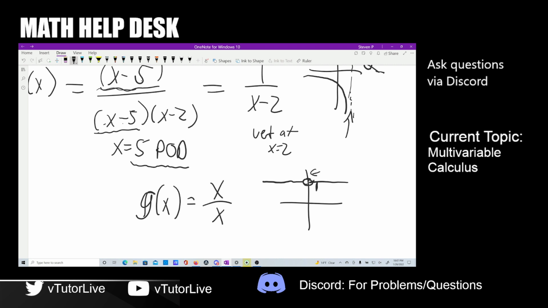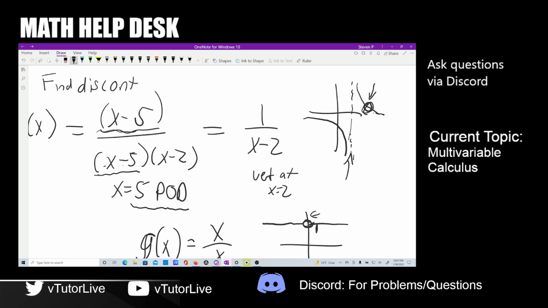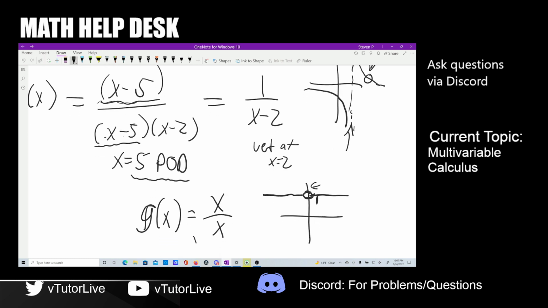But at 0 itself, it's undefined because you can't have a 0 in the bottom. I'm hoping this analogy makes it clear why it doesn't blow up. It's not a vertical asymptote at x equals 5 up here. It's just a point of discontinuity. If this doesn't blow up, which it doesn't, then this also should not blow up. You see? Okay.